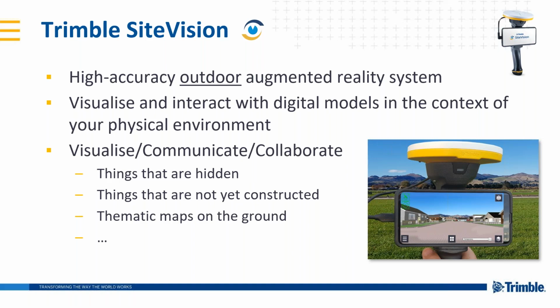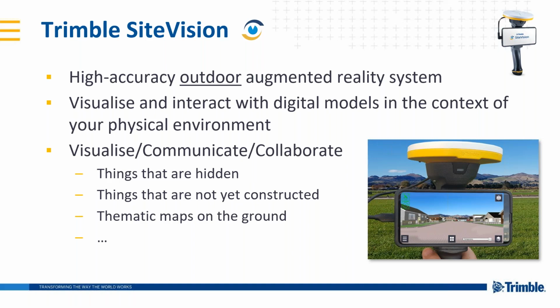Sorry, I was just going to say, I think we had one at the Eagle/Esri user conference up in Auckland last August. So anyone that was up there might have had the chance to see it as well. But it's an augmented reality system, and what's really unique about this is that it's integrated with high accuracy GNSS, and it gives you the ability to use the AR system outdoors.